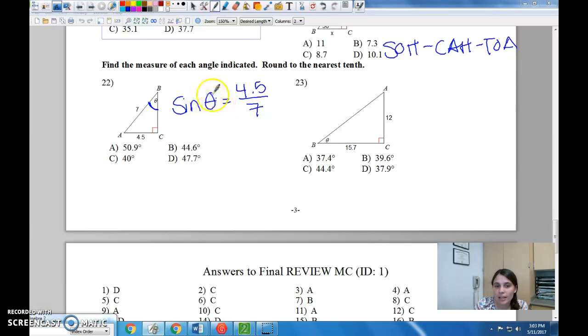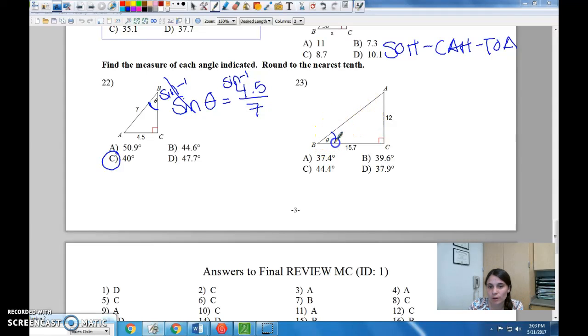Then to find what this angle is, if I take the inverse sine of this side, these cancel. So I just have my angle all by itself, but that means I have to do that to both sides. So I'm going to do the inverse sine on my calculator of 4.5 divided by 7, which comes out to about 40 degrees, which is C.